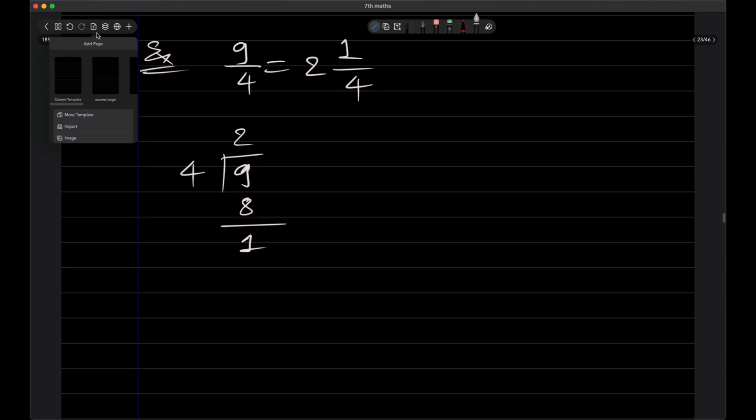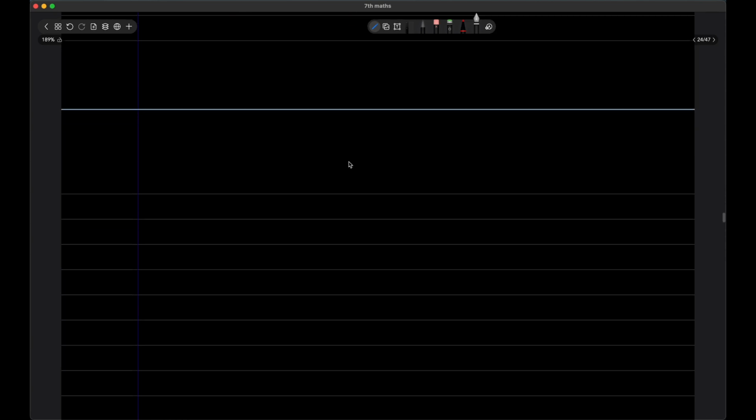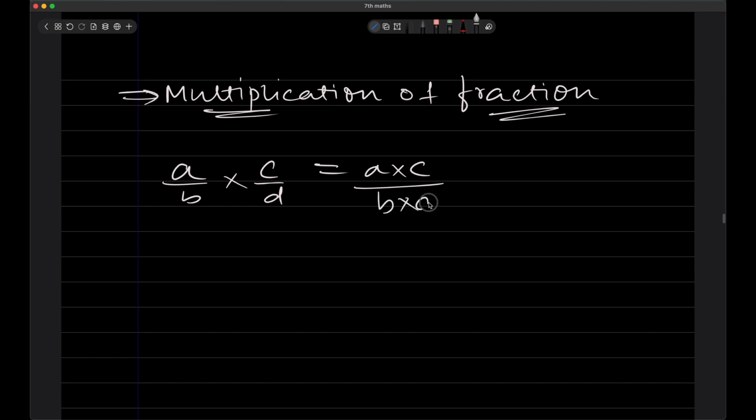Now let us see topic number 2.1, multiplication of fractions. If we are given two fractions, that is a divided by b into c divided by d, then multiplication will be product of numerator, that is a into c, and product of denominator, that is b into d.